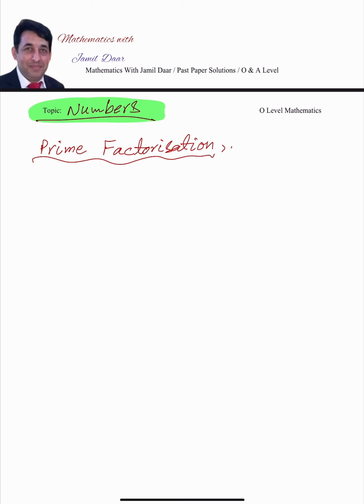Prime factorization means that you have to change a number into factors. Let's take an example, 20. If I ask you to do its factorization, you can say 10 into 2, or you can say 4 into 5.